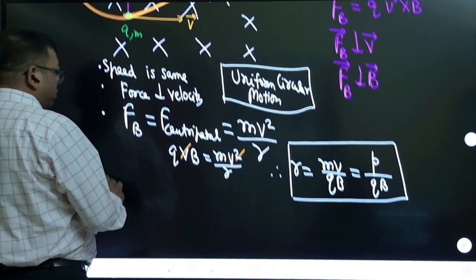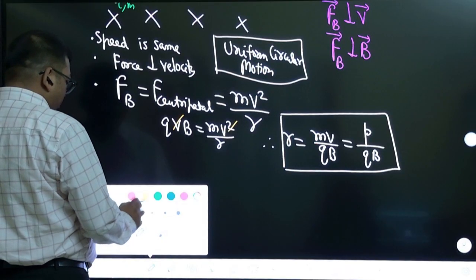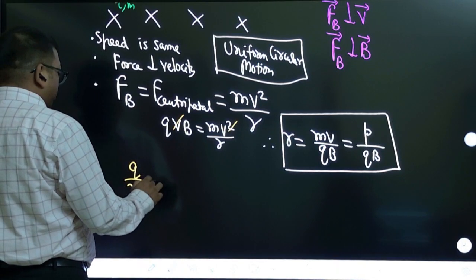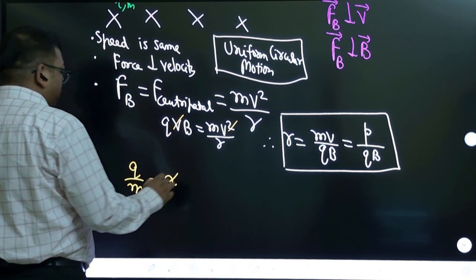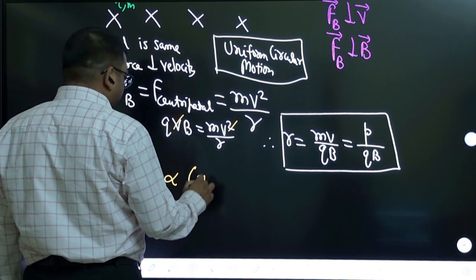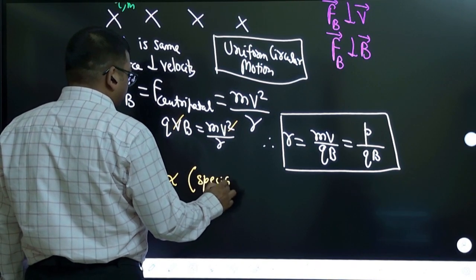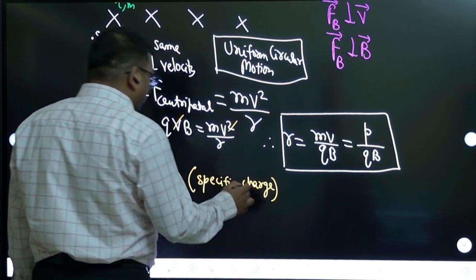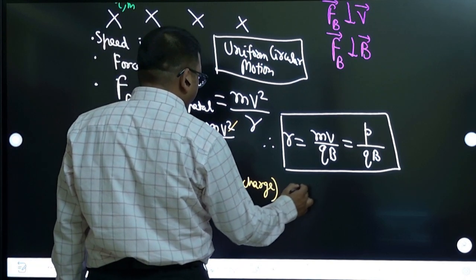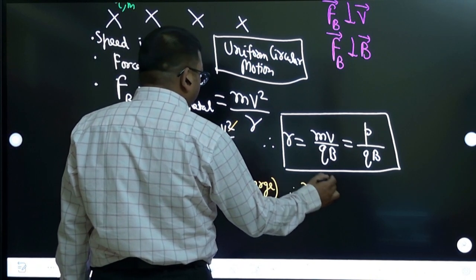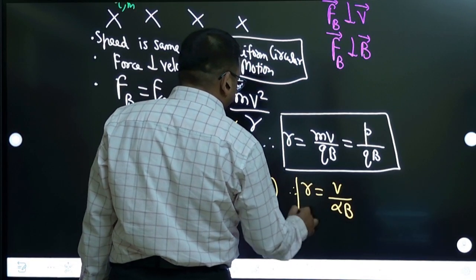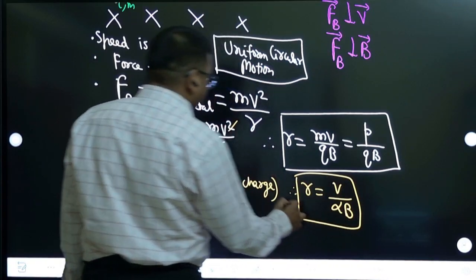Okay, and here you need to note one important thing, that the ratio of charge to mass, q by m, is called alpha, and this alpha is called specific charge. So sometimes the formula for radius can also be written in terms of charge to mass, so v by alpha B. It can also be written in terms of specific charge.